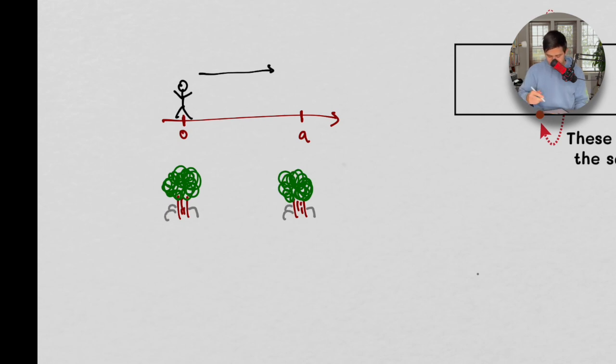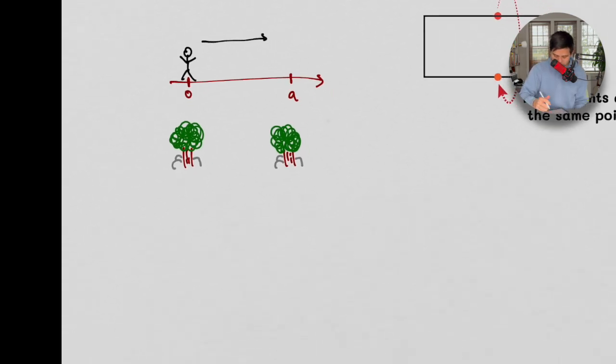So the situation looks exactly the same. The concept here is periodicity, right? This is where things get weird, because you think to yourself, I just saw that tree.